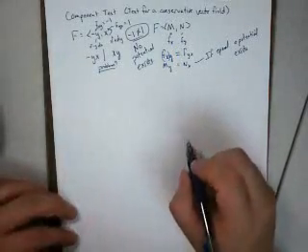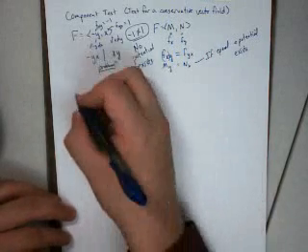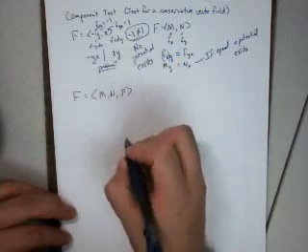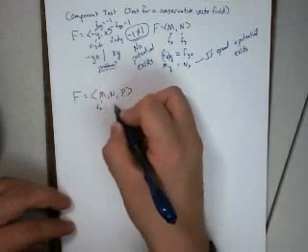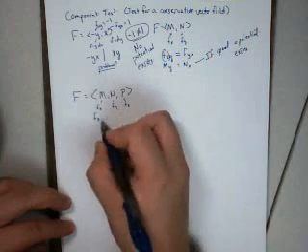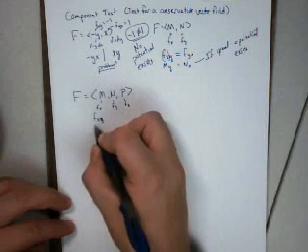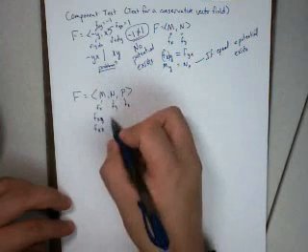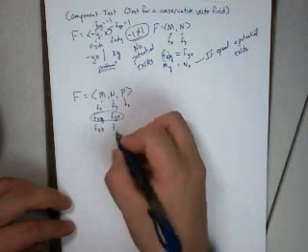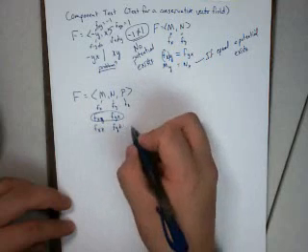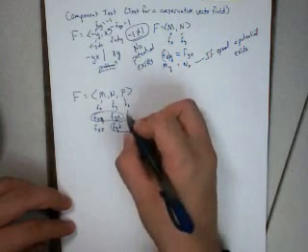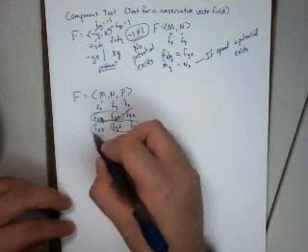There's a very similar test if you're dealing with a vector field that has 3 parts. If your vector field has an M, an N, and a P, then the idea is essentially the same. This is supposed to be f_x, this is supposed to be f_y, and this is supposed to be f_z. So if you calculate f_xy, it ought to equal f_yx. You also ought to be able to calculate f_yz, and that ought to equal f_zy, and f_xz ought to be the same thing as f_zx.